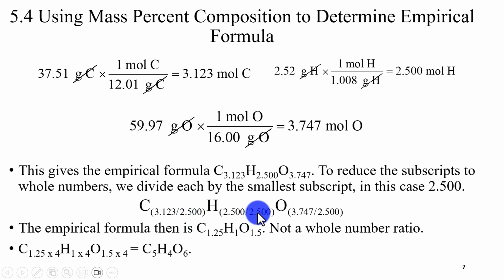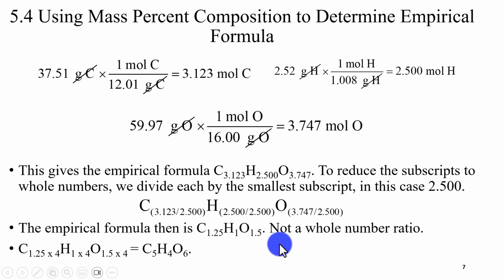Hydrogen, 2.5 divided by 2.5, and oxygen, 3.747 divided by 2.5. Now the empirical formula gets a little more simplified to C1.25, H1, and O1.5. Note that this is still not a whole number ratio because these are not integers, they're still decimals.